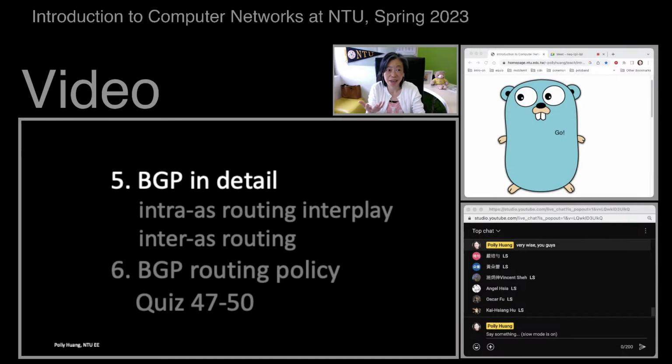All right, so that is the interplay of BGP and OSPF. The next video is going to be in two parts. The first is to talk about exactly how BGP routers select routes. If you recall example 2, there are multiple paths you can choose from. After the import policy, the routers inside might still see multiple paths, but exactly which path a router chooses, there are certain preferences, in hierarchies.